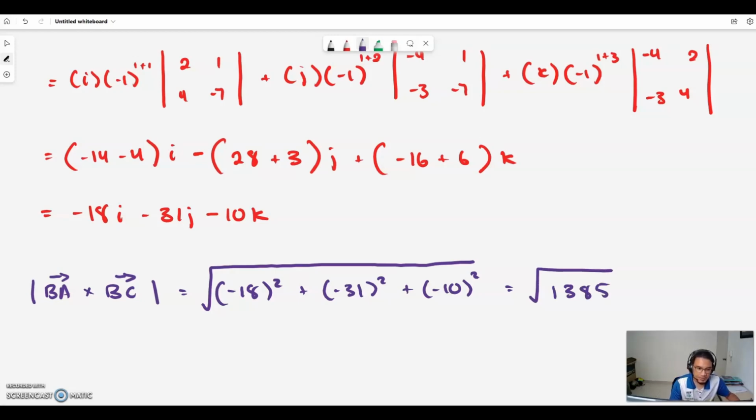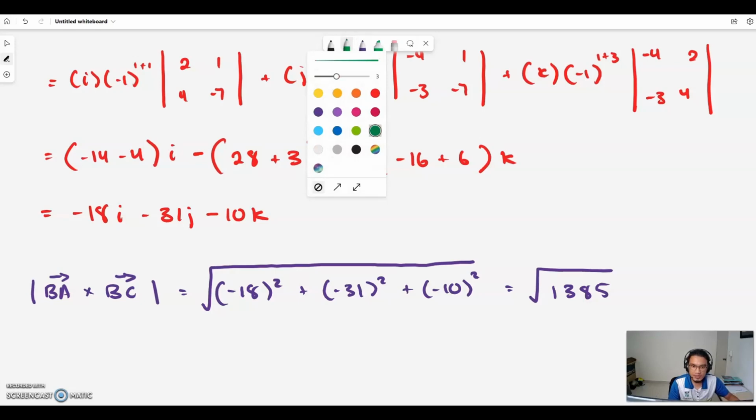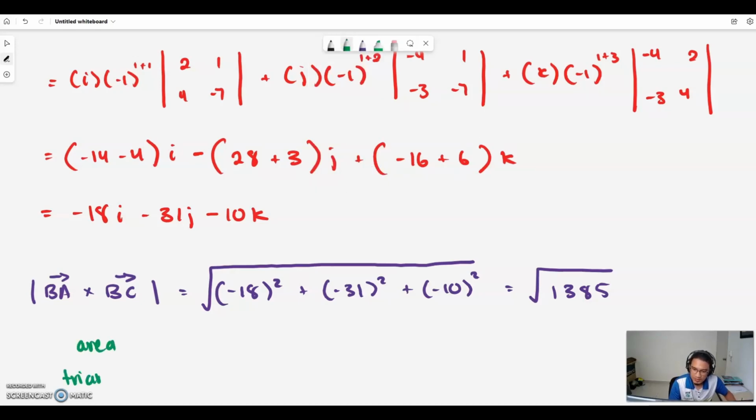Okay, so this is the area of the parallelogram, not the triangle. As we mentioned, for the area of the triangle we take the square root of 1385 and divide it by 2. So we put the unit squared. So this is the area of the triangle.